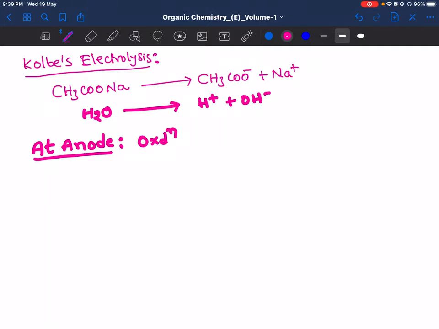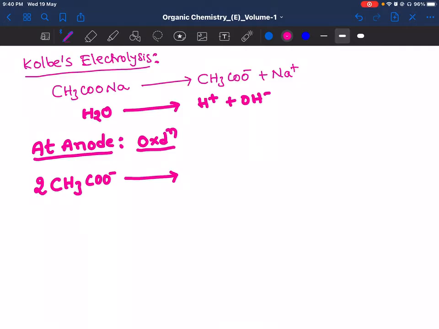The electrode at which oxidation takes place is called the anode. Now, CH3COO minus and OH minus, according to electrochemistry, which one moves towards the anode? The acetate ion. Now I take two acetate ions. When these two acetate ions move towards the anode, oxidation should take place.